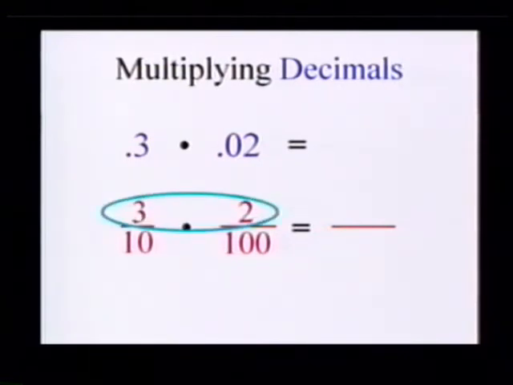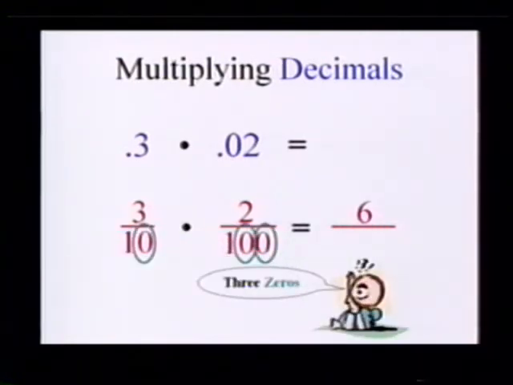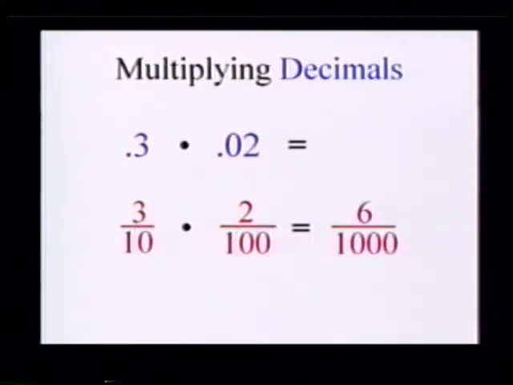3 times 2, 6. Just for a laugh, what's 10 times 100? 3 zeros. Okay, 6/1,000ths. Couldn't that 6/1,000ths be written as a decimal? I could have done that in the first place.